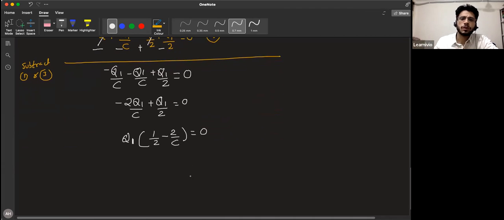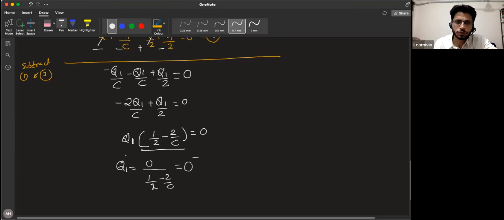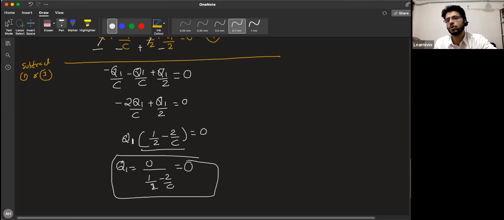Okay, so from here I get Q1. See, this is in the multiple, so it will go to the denominator, 1 by 2 minus 2 by C, and 0 by anything is 0. So what we get is Q1 is equal to 0.